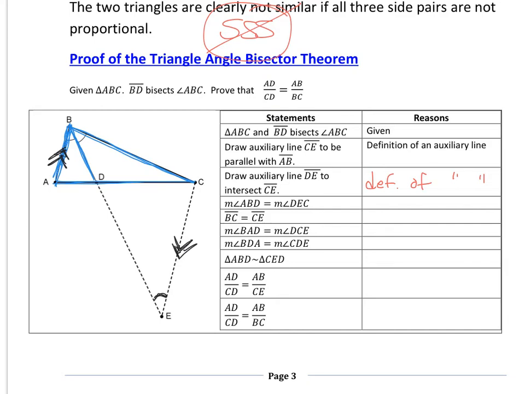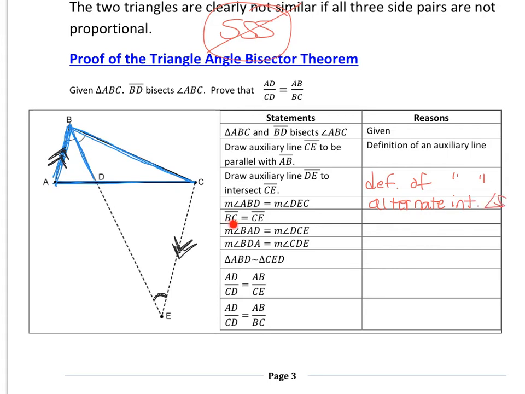Well, that's on the inside of a Z pattern of parallel lines. So those two angles are on the inside of a Z pattern. We know that that means alternate interior angles.